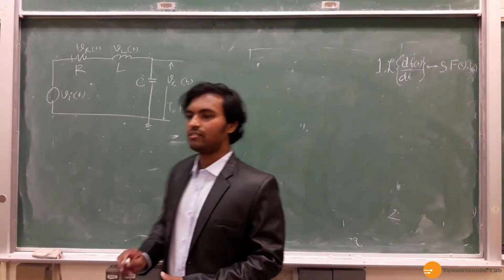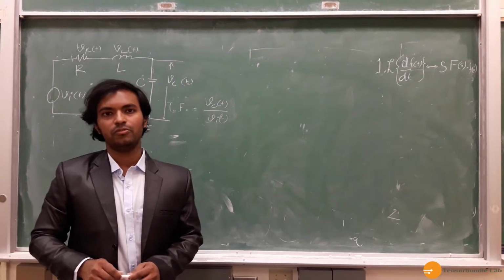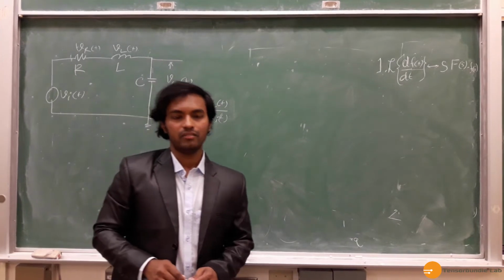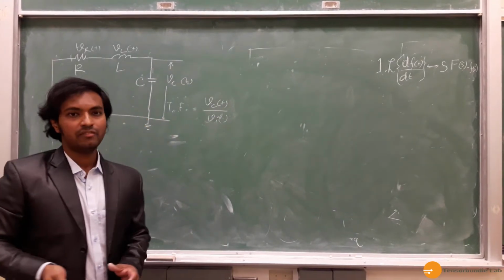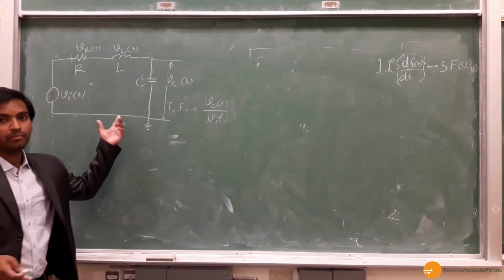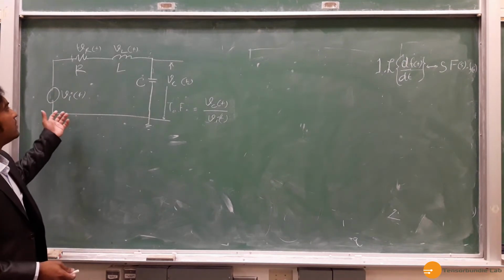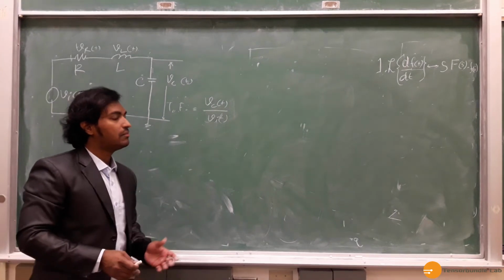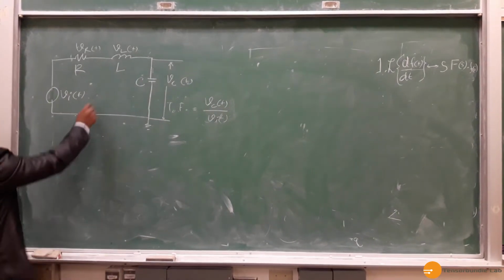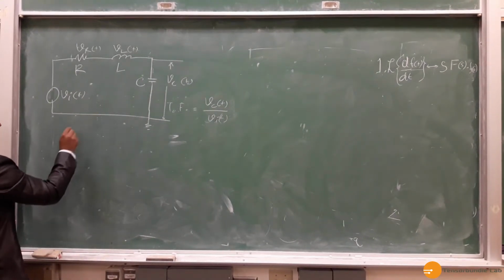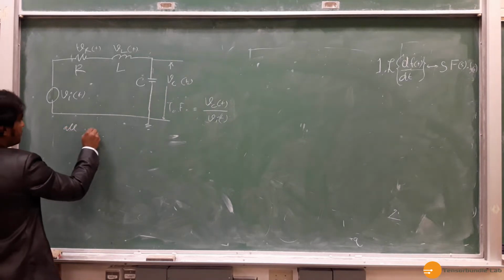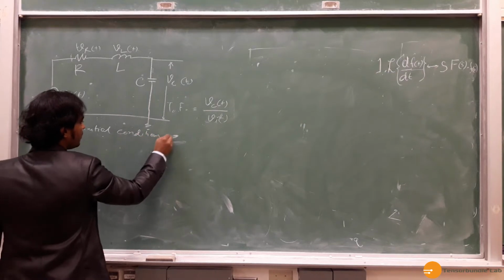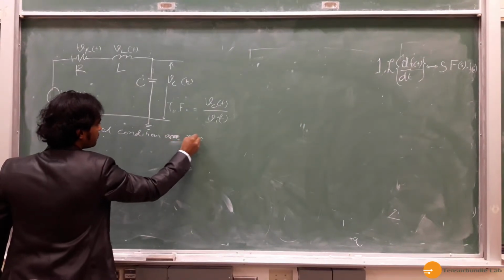Initial conditions are some conditions which are present before the analysis of the circuit. So we have some preserved value, for example, the charge across the capacitor, the magnetic field inside the inductor. But for the simplicity of the discussion, let's assume there is no initial condition in the system. So all initial conditions are 0 for this system.